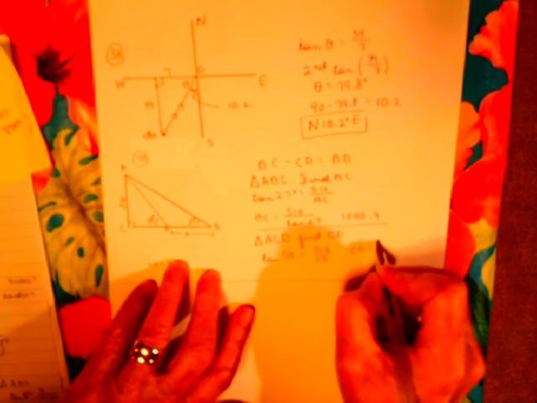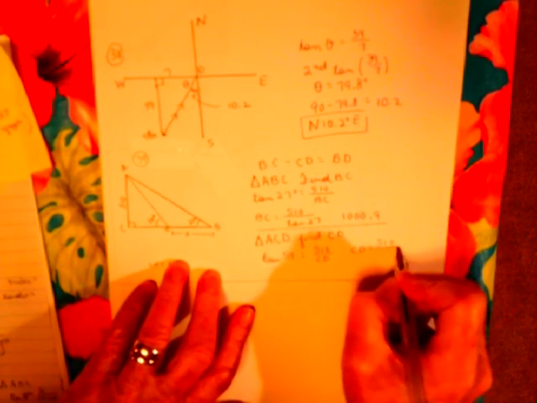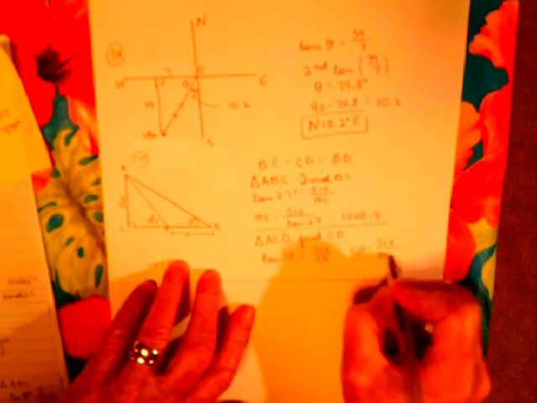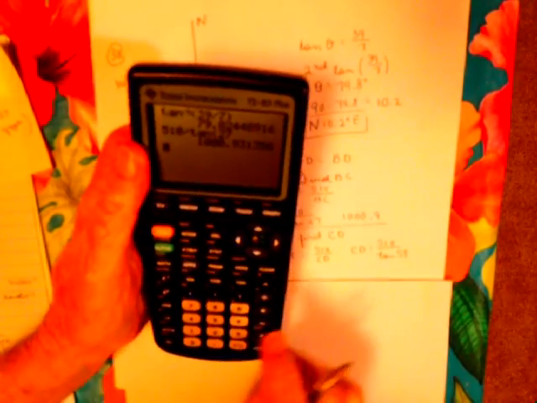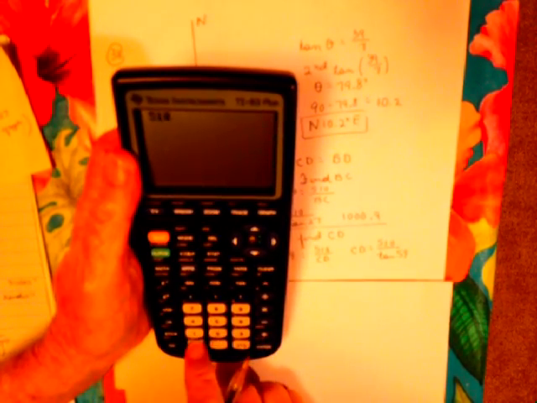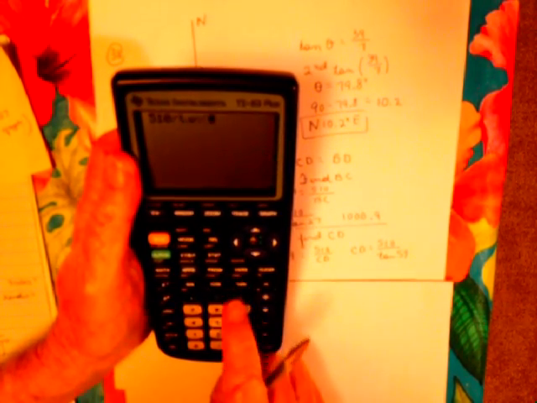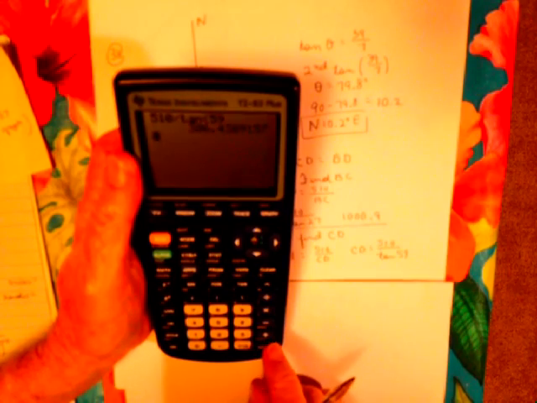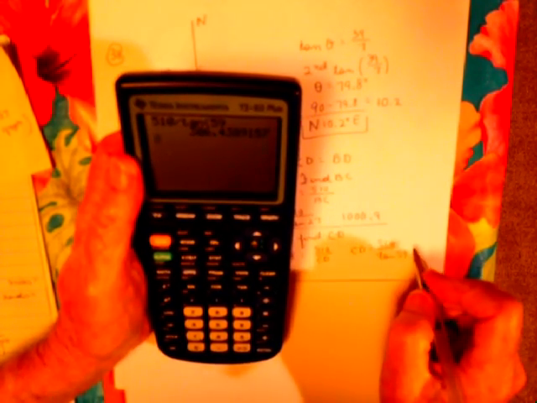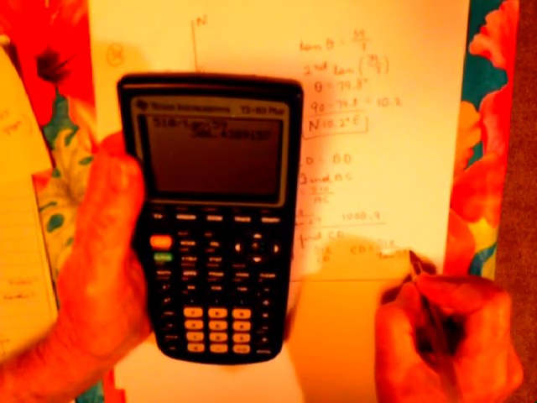CD equals 510 divided by the tangent of 59. Put that in your calculator. 510 divided by tangent 59. Get 306.4 miles.